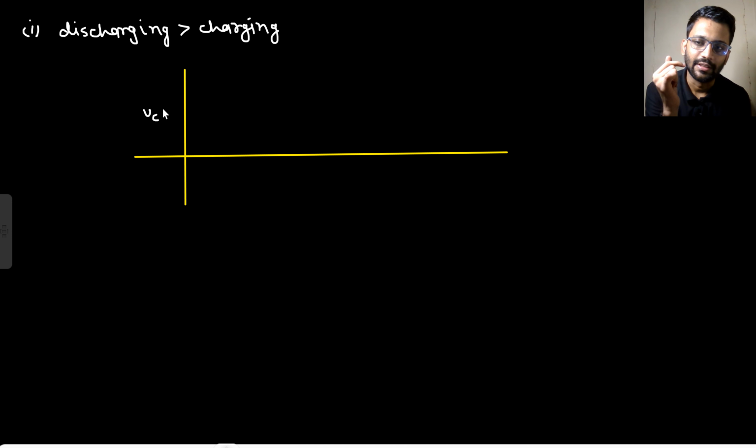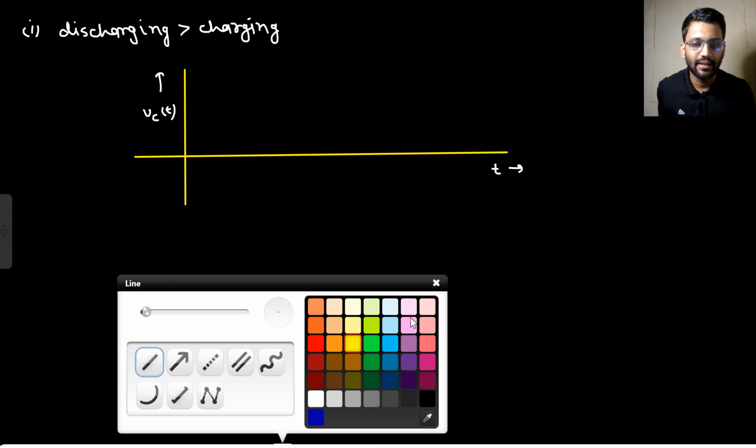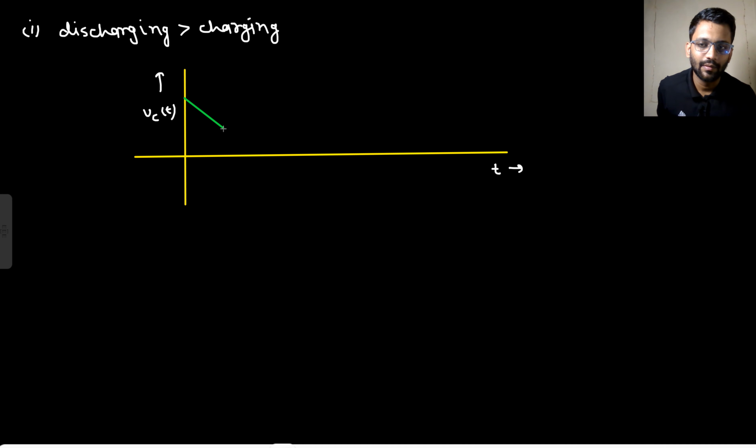This is your VC over time. In every cycle, it discharges more but charges less. Then again discharges more and charges less.